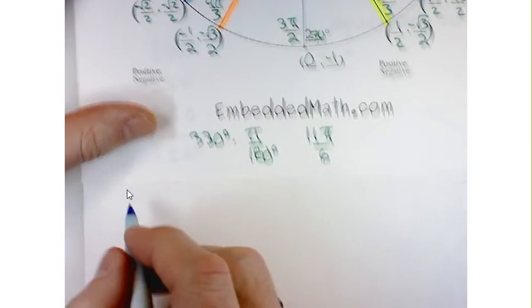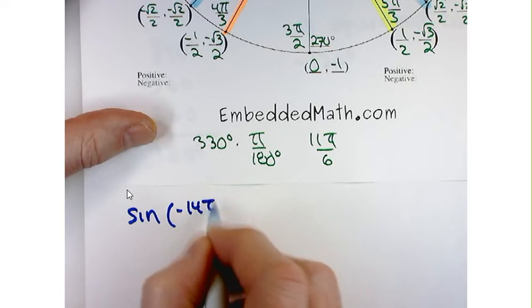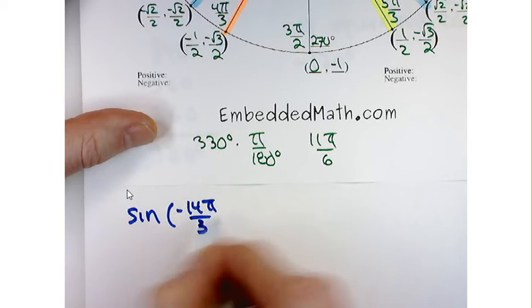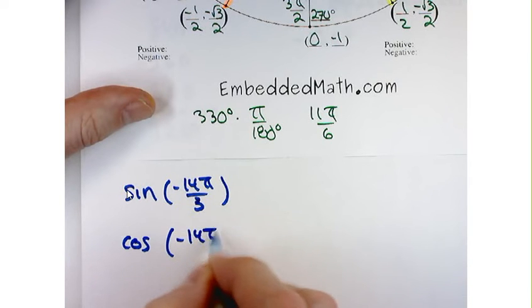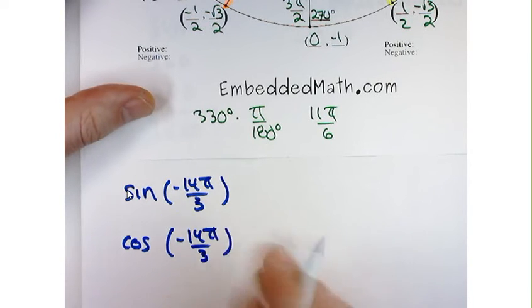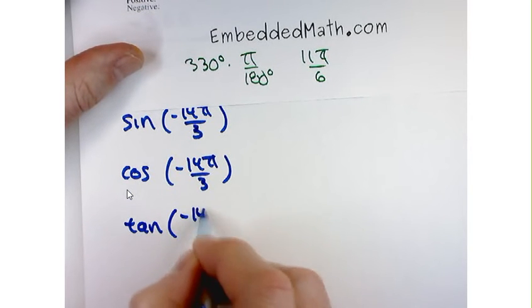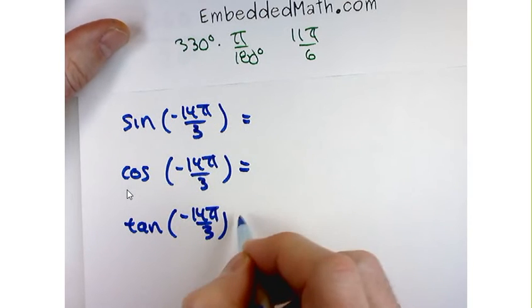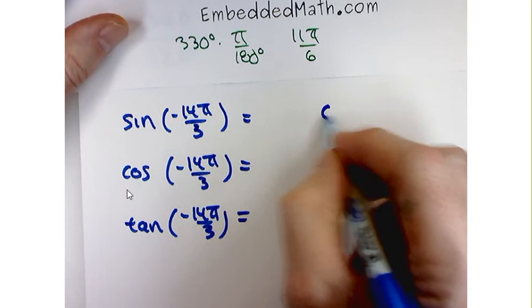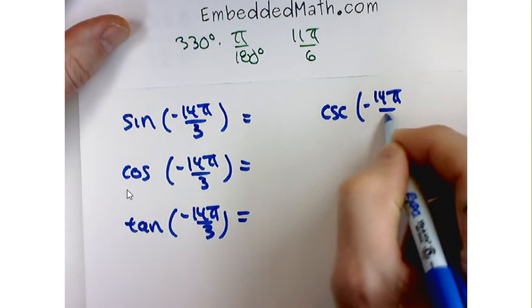So let's do this. Sine of negative 14 pi over 3. Cosine of negative 14 pi over 3. Tangent of negative 14 pi over 3. And then all the reciprocal functions. Cosecant of negative 14 pi over 3.